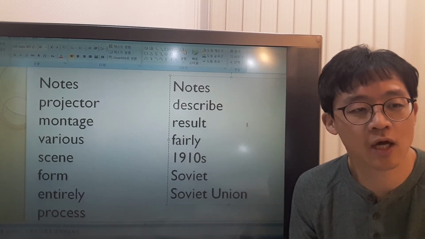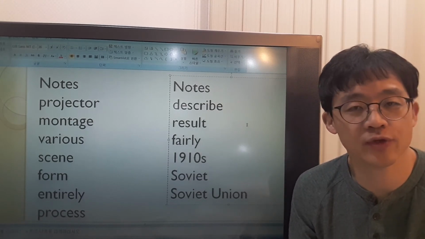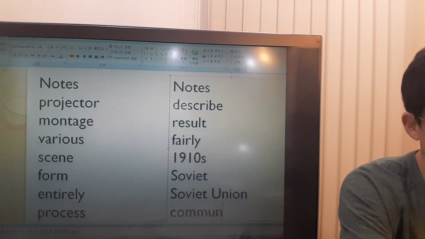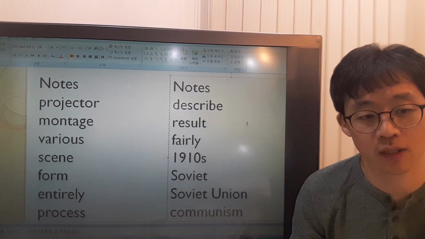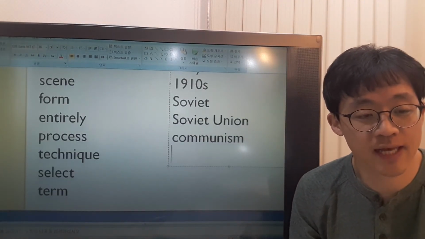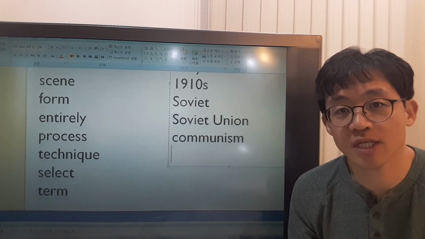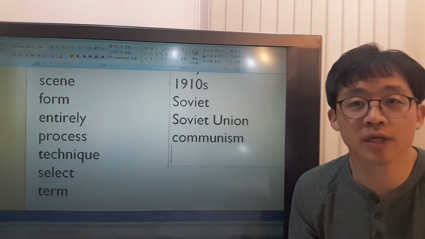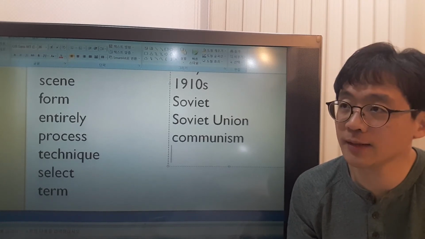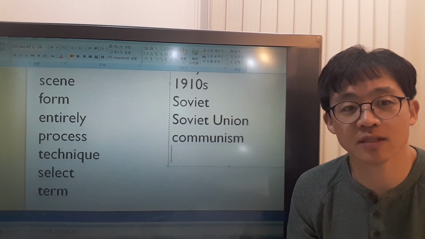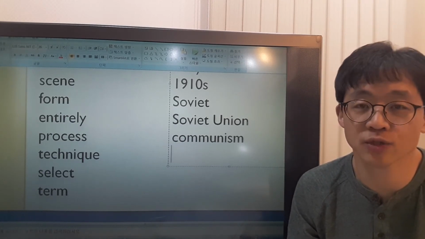And this state was a communist state. Communist. A communist is a person who believes in communism, and communism means the political belief that everyone is equal, okay? And the workers should control the means of producing things, such as machines or factories, okay?